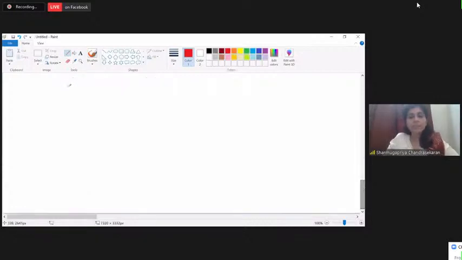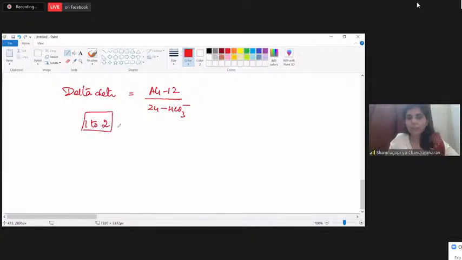I'm going to summarize delta-delta ratio alone. The formula for delta-delta ratio is anion gap minus 12 divided by 24 minus bicarbonate. The normal range is between 1 and 2. Please memorize this. If it's between 1 and 2, it is purely a high anion gap metabolic acidosis. If it's more than 2, it is not only a high anion gap metabolic acidosis, there is an associated metabolic alkalosis as well.